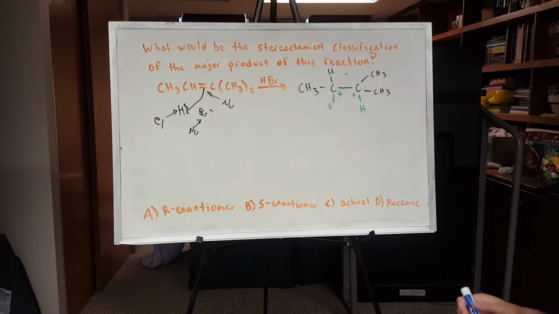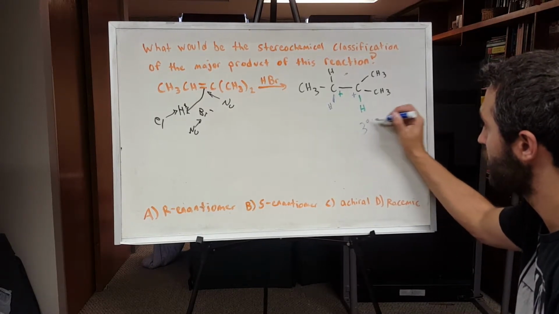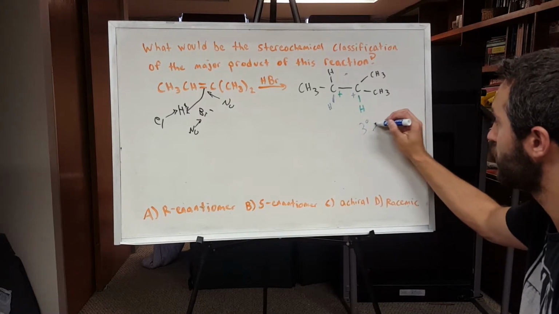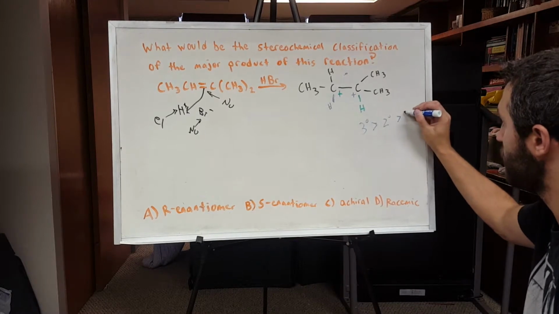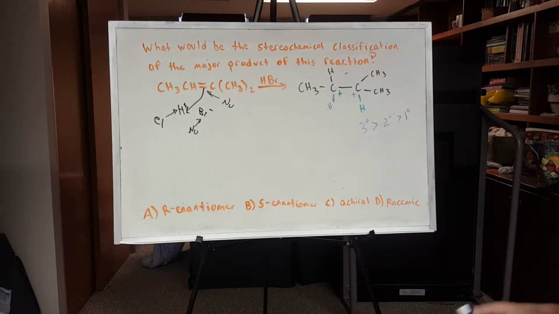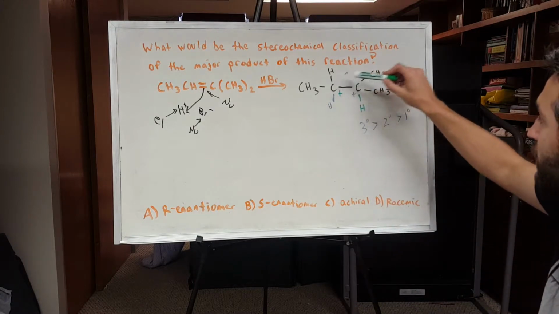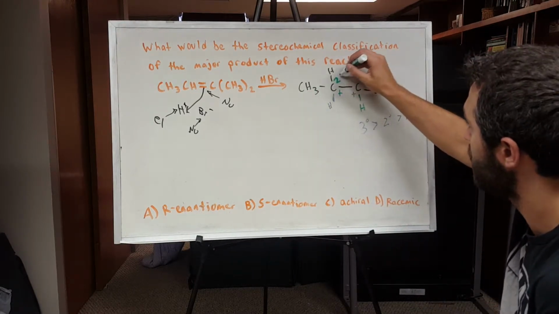Remember, for carbocation stability, tertiary is more stable than secondary, which is more stable than primary. So let's determine these carbocations. This carbon is bonded to two other carbons, so it is secondary.